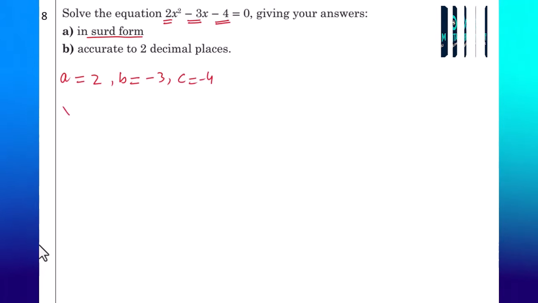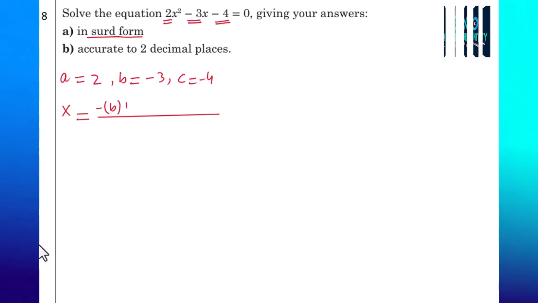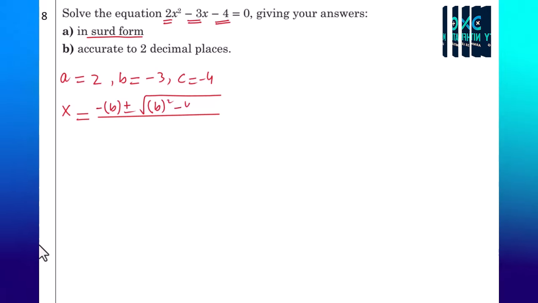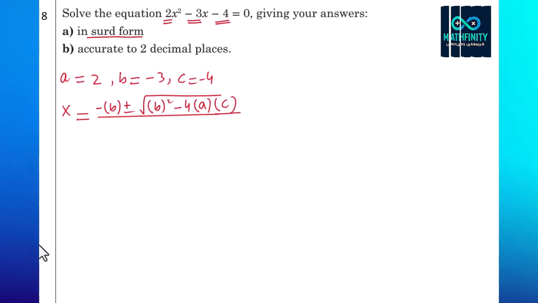After this, we have to write the formula, and then we will substitute the values. -b plus minus square root of b square minus 4ac over 2a.